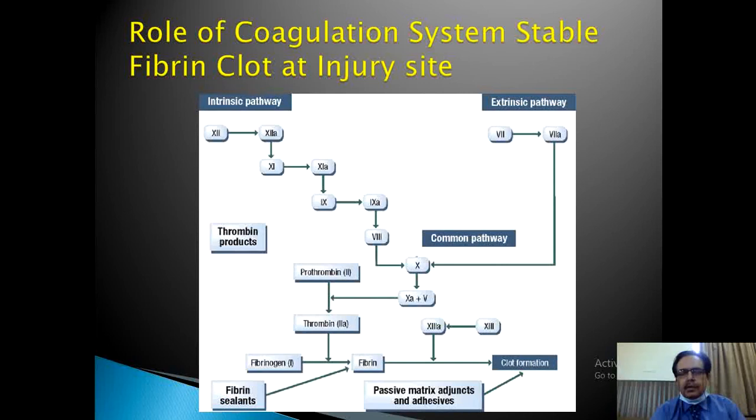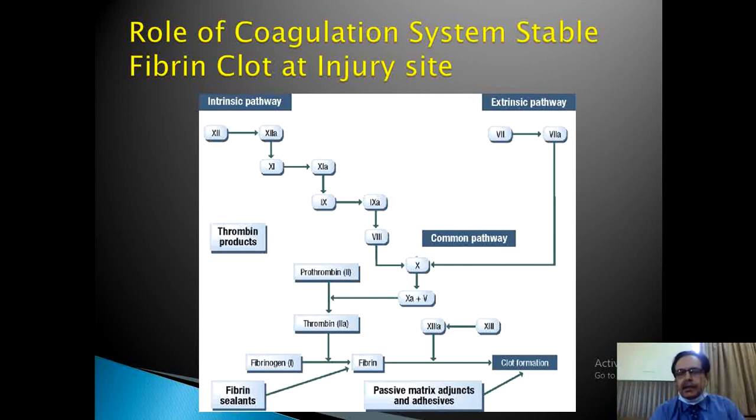For better understanding of hemophilia A and B, you need to know the coagulation pathway. There are two pathways, the intrinsic pathway and the extrinsic pathway. In the intrinsic pathway we start from the activation of factor 12A and ultimately via activation of 9A, and then factor 8.